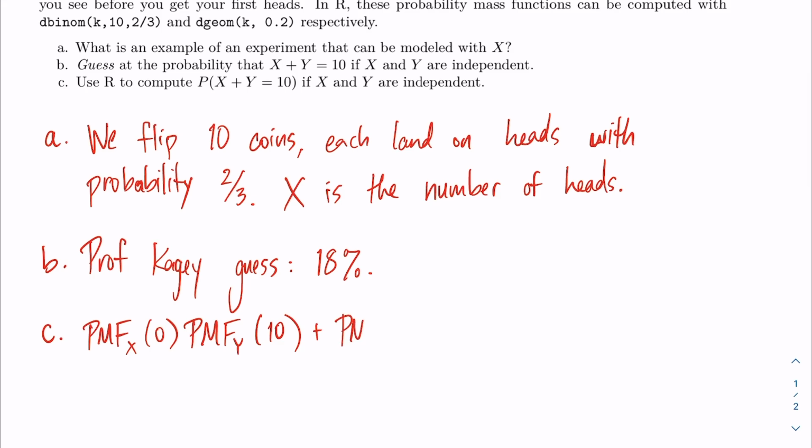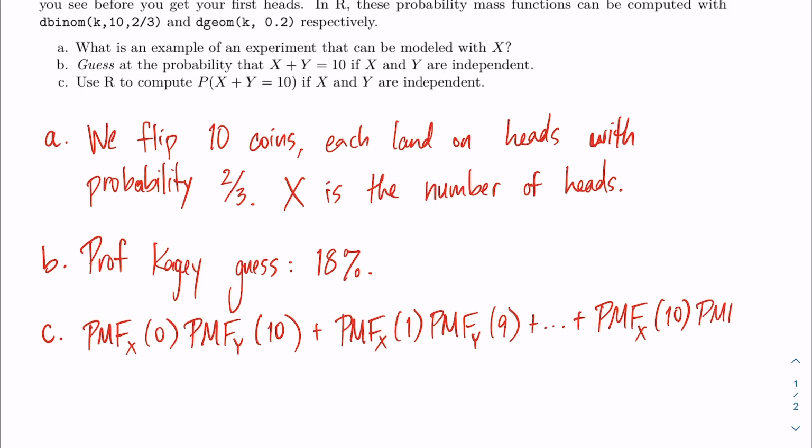But slightly more likely, still really rare, is that x equals 1 while y equals 9. That will also add up to 10. Then x plus y equals 10. All of the way up to the PMF of x being equal to 10. We get all heads. And then for y, we get no tails. We get a heads on our first flip.